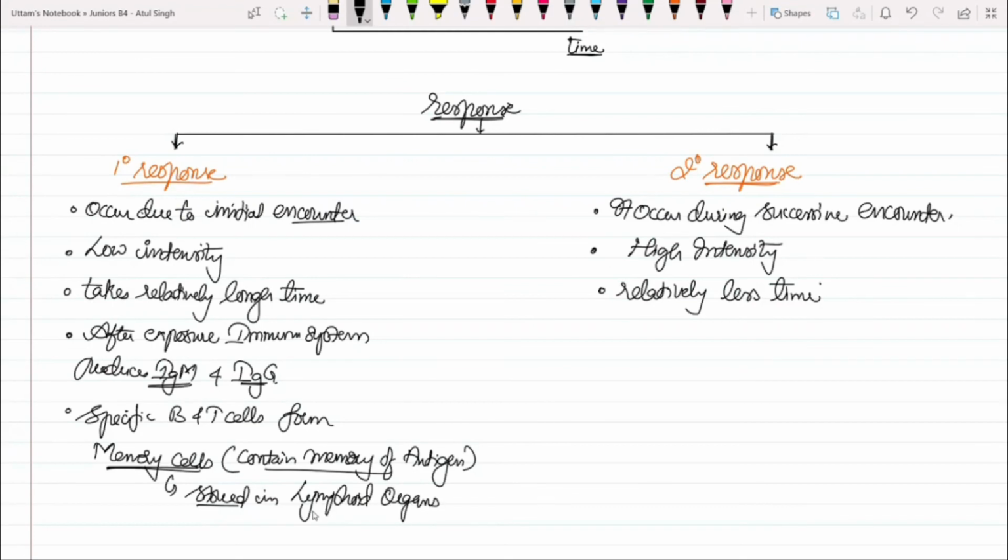Sir, is there any full form for IgM and IgG? Ig is for immunoglobulin. M and G are the suffixes used over there. In blood, already we discussed this. Again and again, everything from the starting we can't discuss, right?